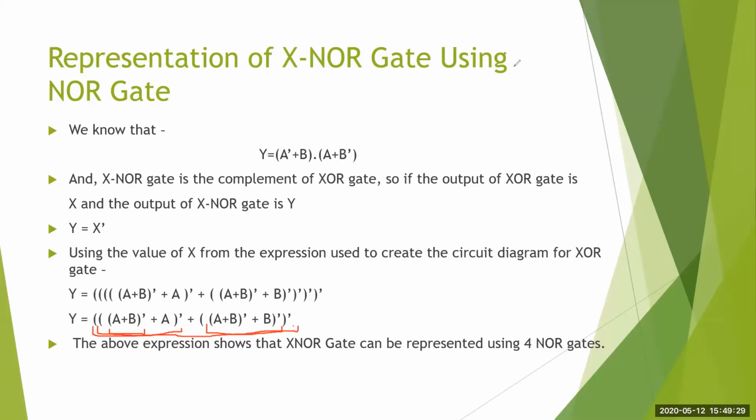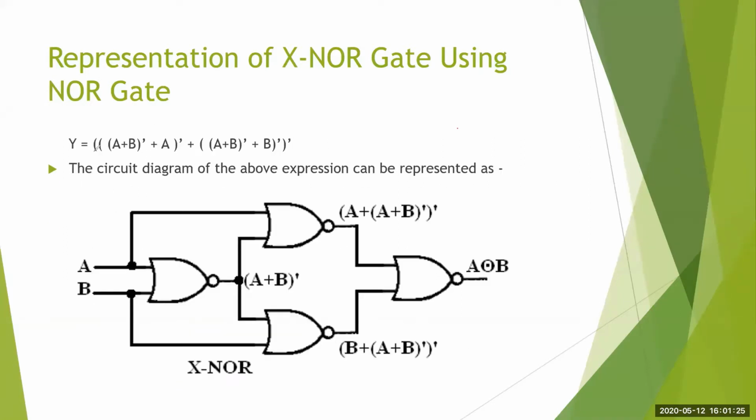Moving on to the next slide, we have derived this expression for the XNOR gate in the last slide. Now we can use this expression to draw the circuit diagram for an XNOR gate. If we give A and B as an input to a NOR gate, we can get a plus b complement as an output, and we can see this term here also.